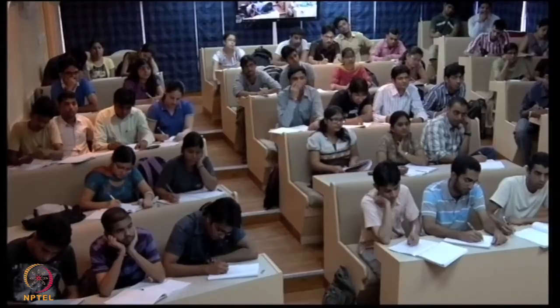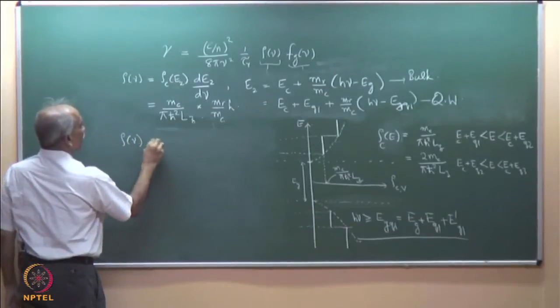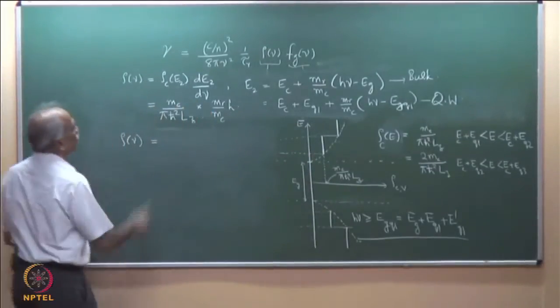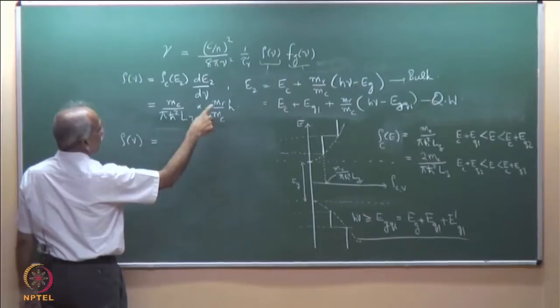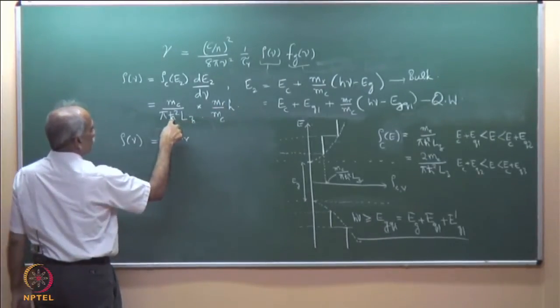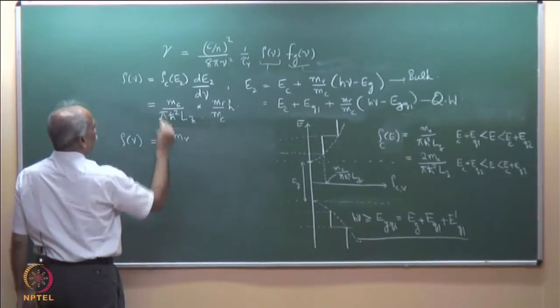So, rho nu is again constant, just like in the bulk case, it is again constant. Rho nu is equal to Mc, Mc goes here. So, you have Mr, 1 h would go here by 2 pi, 2 will come up.